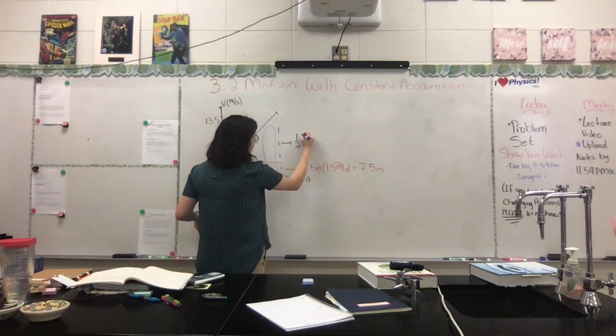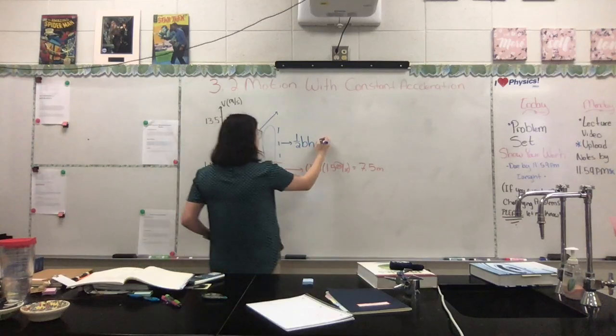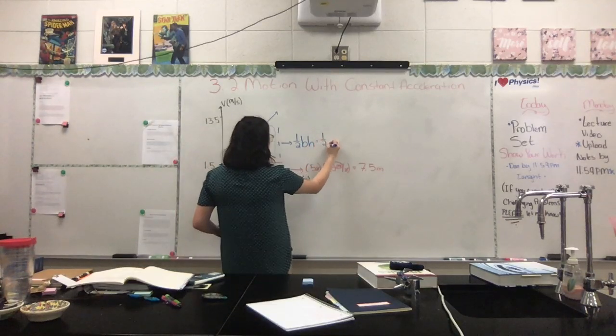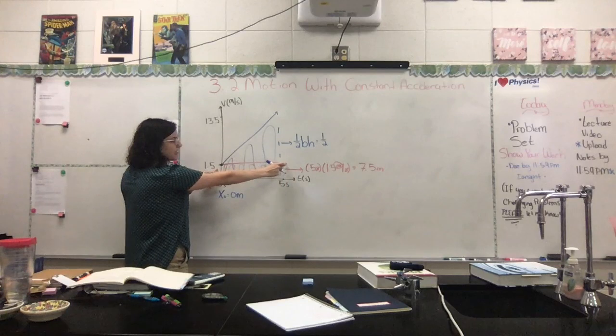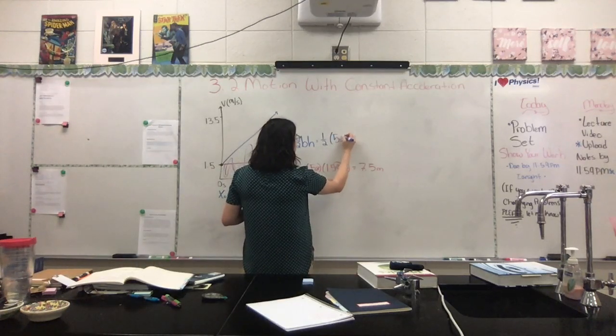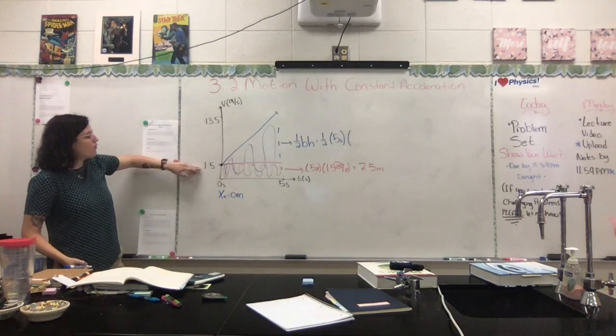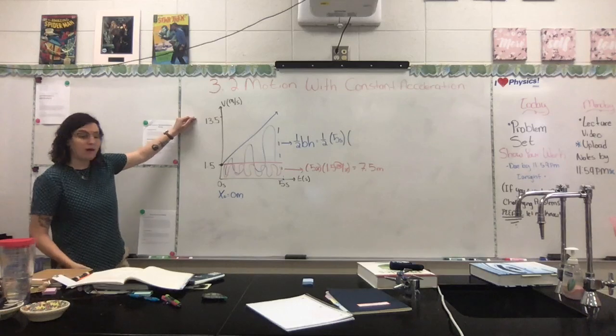It's 1/2 base times height, right? Okay, so 1/2, our base is once again going to be 5 seconds. And our height is going to be from 1.5 to 13.5.